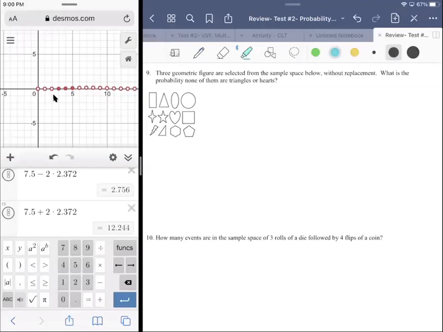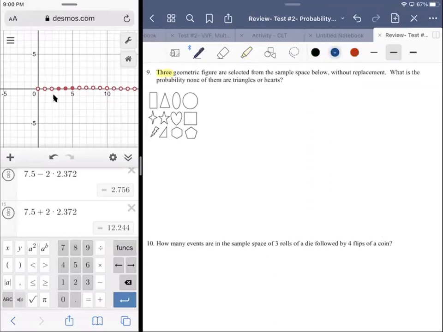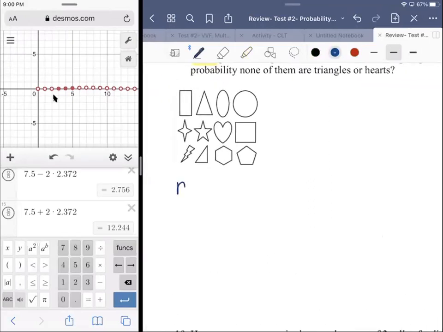All right, so multiple events means multiplication. So what is the probability that none of them are triangles or hearts? We've got to think about what that means.